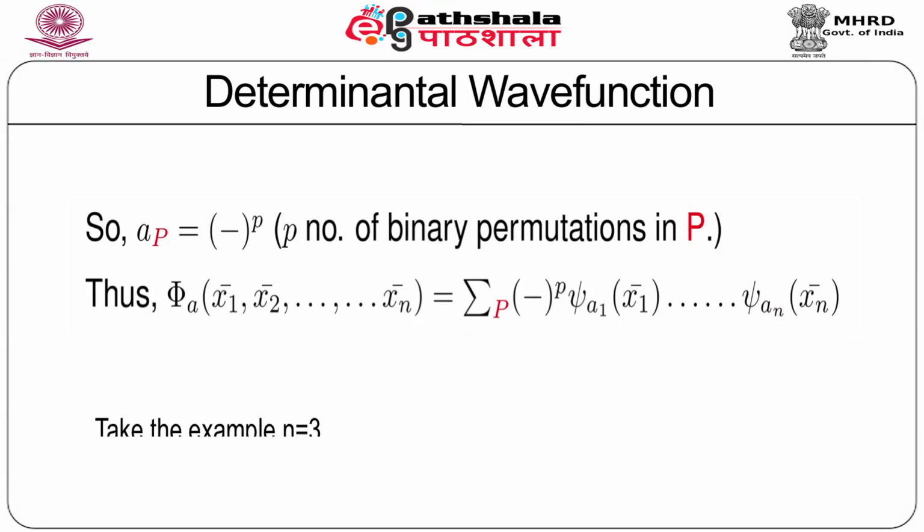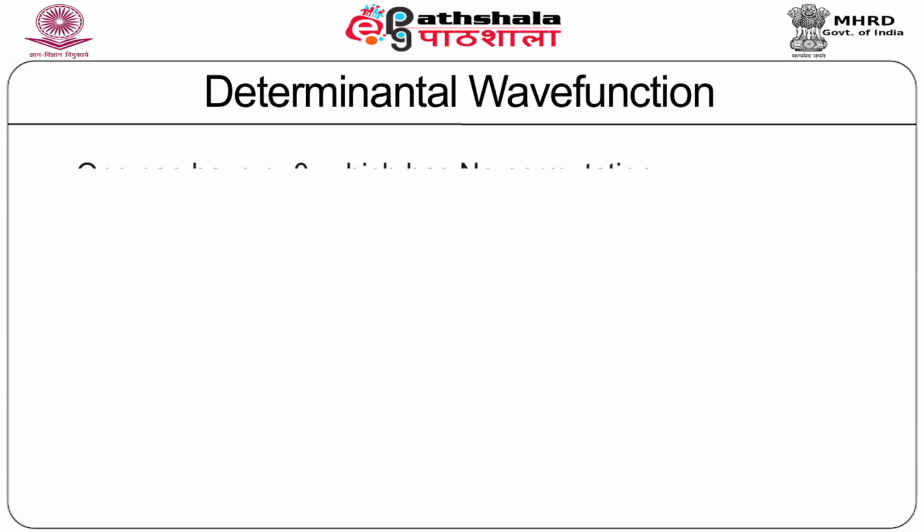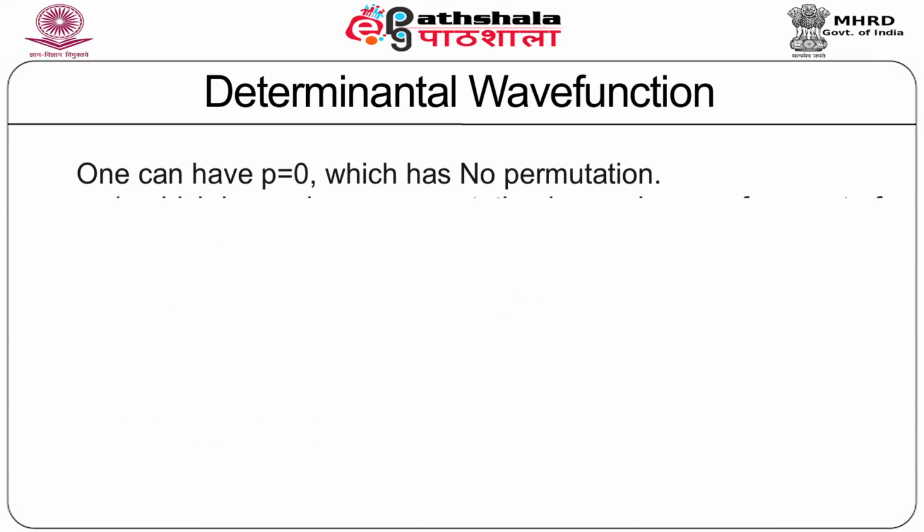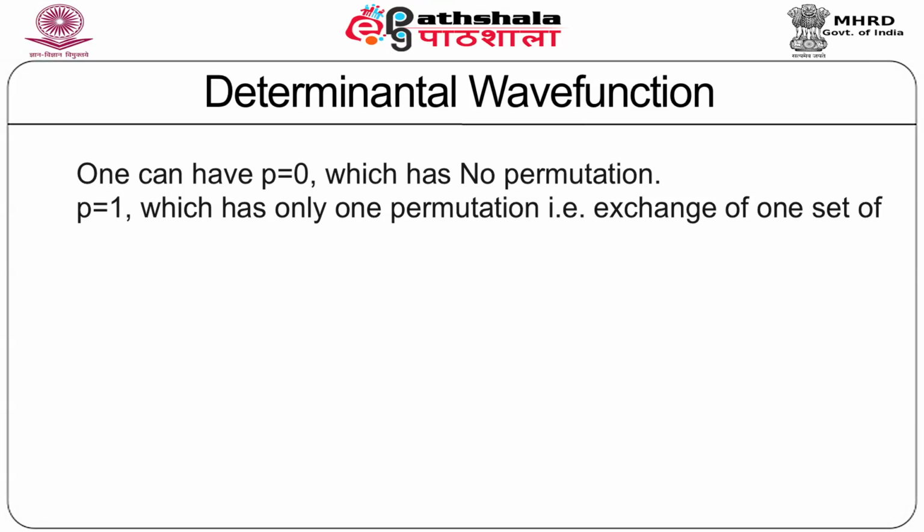Take the specific example of n equal to 3, which means a 3-electron system. One can then have in the permutation operator capital P the term small p equal to 0, which means there is no permutation at all. In this case, it is the same as the original product wave function.